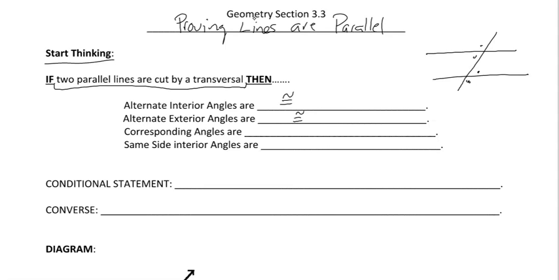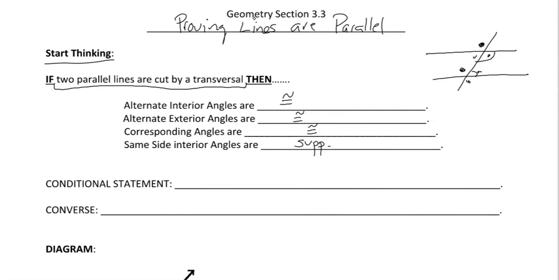Corresponding angles, let's say we did this one and this one up here, they also look to be congruent, and they are. And then lastly, same side interior angles, this one and this one definitely are not congruent. This one opens up a lot, this opens up a tiny bit. If the only other option is supplementary, congruent or supplementary, then supplementary is your answer.